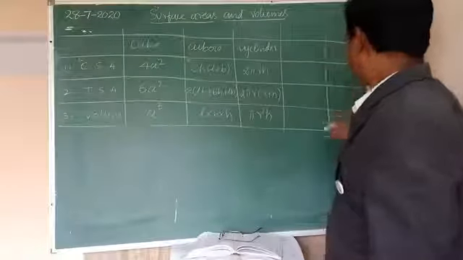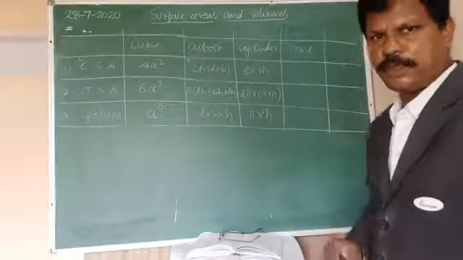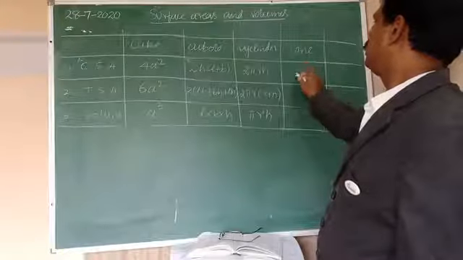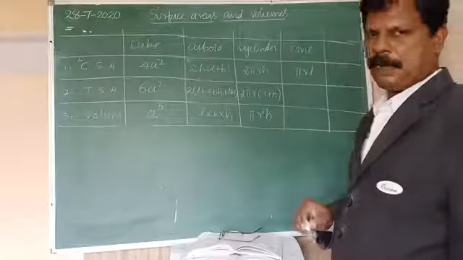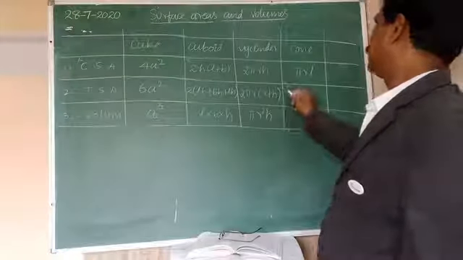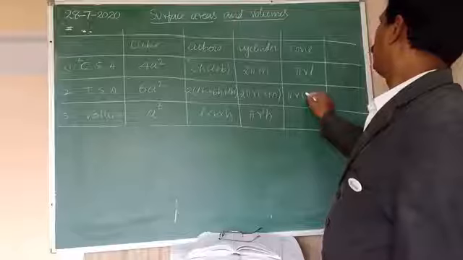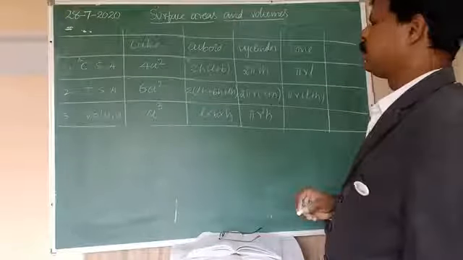Then next is a right circular cone. The curved surface area is pi r l. Then the total surface area is pi r into (l plus h)?